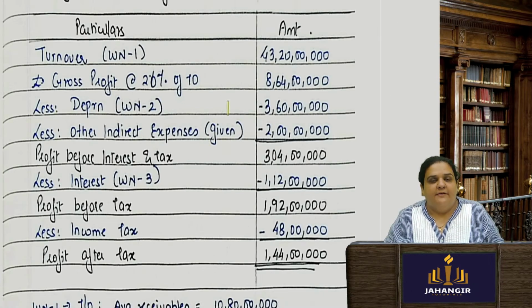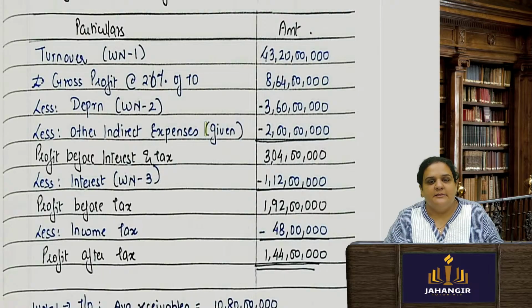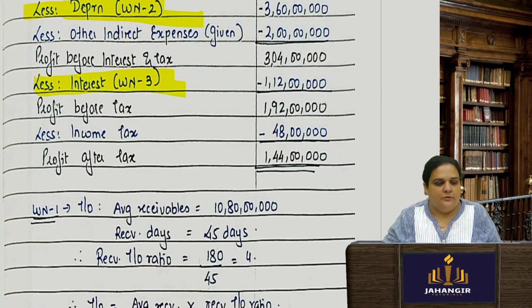Then from there I will have to remove my depreciation, and other indirect expenses are given. Other indirect expenses is given, but depreciation I'll have to find. Sales I don't know, I'll have to find. Gross profit is given. Then interest amount also I'll have to find. All this I'll have to do as form of working note. So first I'm taking you all through the working note.